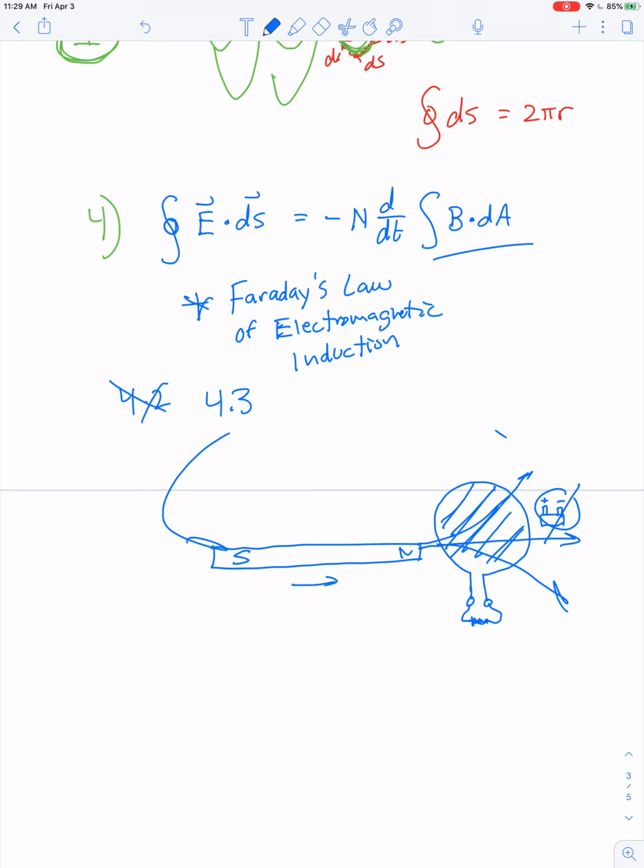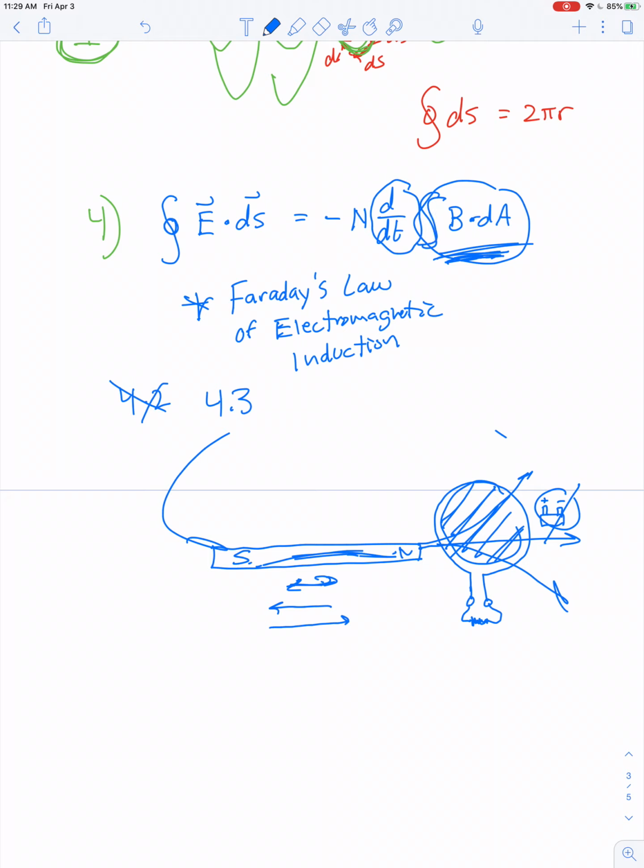If this magnet were to start to vibrate back and forth along this axis, then the amount of that product of magnetic field and area would decrease as the magnet pulls this way, and then as the magnet is brought back in this direction, that product of magnetic field and area would increase again, and as long as you pull this magnet back and forth, you'd constantly be changing this value, and so there would be a rate of change to the product of B and dA.